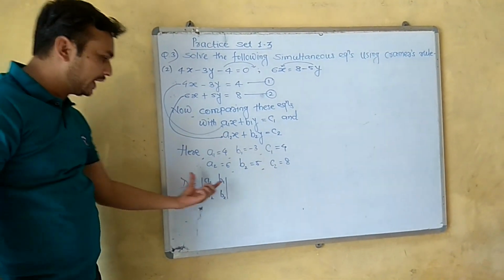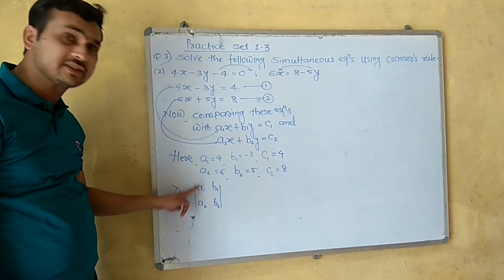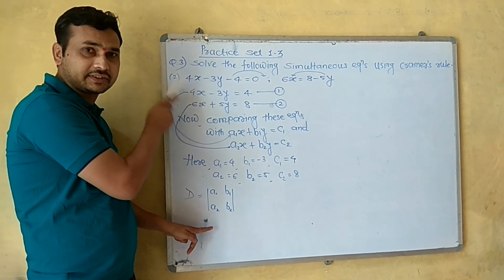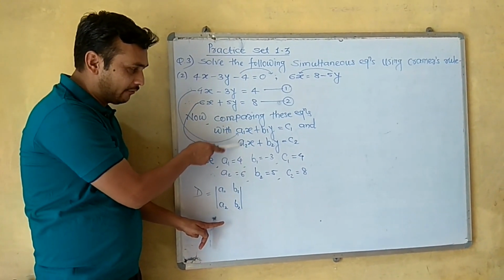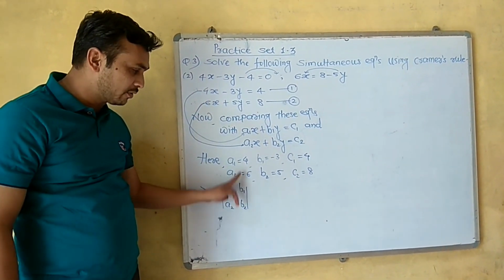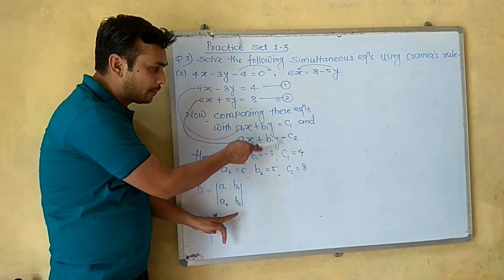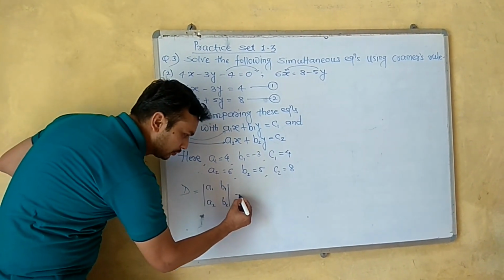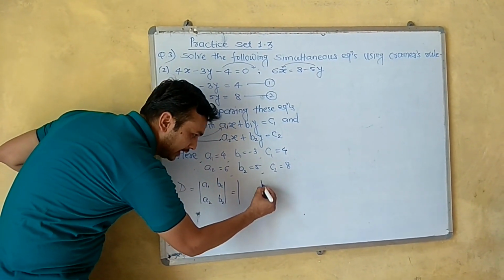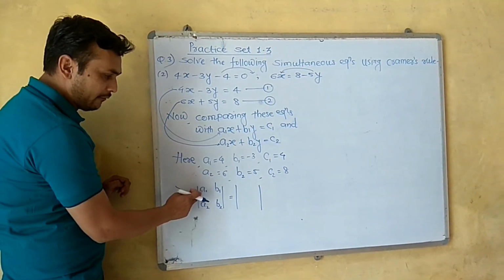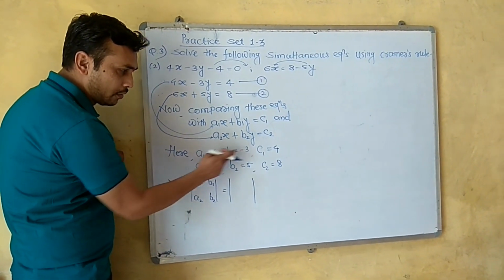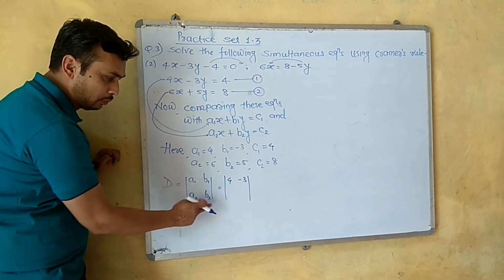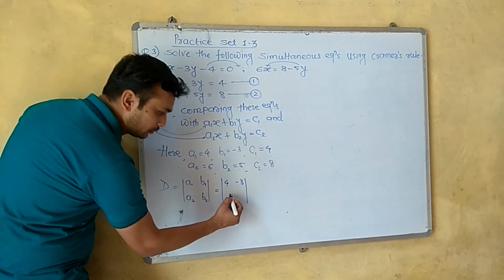In the formula of D, the first column is the coefficient of variable x, that is a1, a2, and the second column is the coefficient of y, that is b1, b2. Now put the values: 4, minus 3, 6, 5.